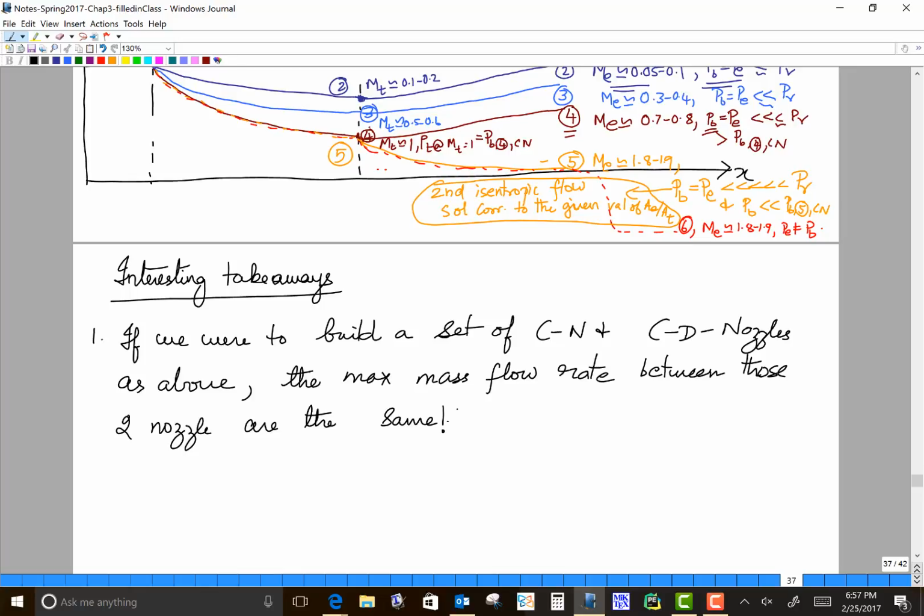In the converging nozzle case, it happens to be the exit area. In the converging diverging nozzle that we have designed, the throat area is the same as the exit area of the converging nozzle, as long as the exit area for the converging nozzle equals the throat area for the converging diverging nozzle, and P naught, T naught are the same.